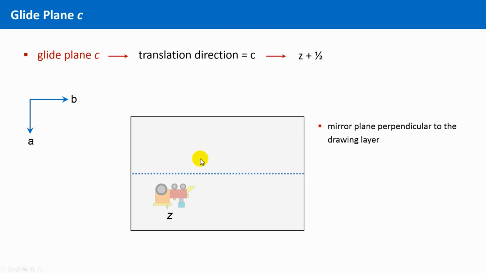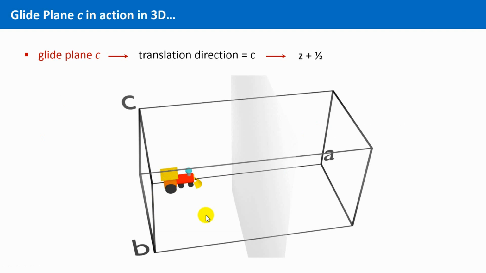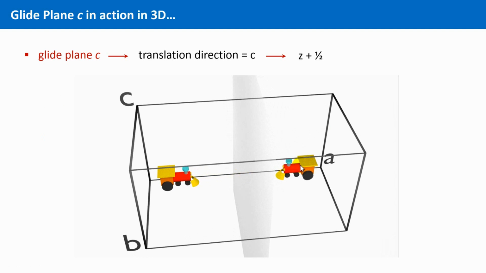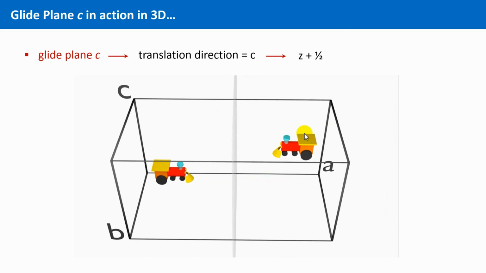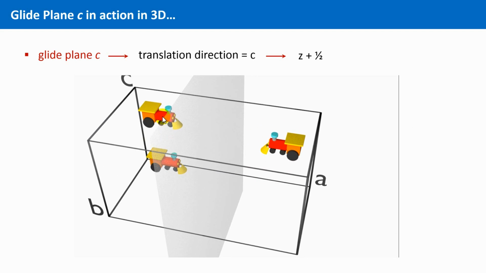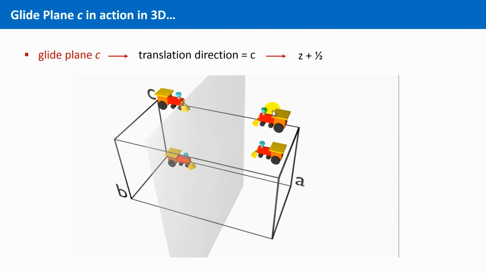Okay, first a reflection is carried out at this plane, and then we have to move the locomotive along the positive C direction, and this means it will land above the projection plane at a height z plus 1/2. And also for this glide plane C, Michael produced a small animation. Let's have a look. First, mirroring at the BC plane, then translation by 1/2 in the positive C direction, mirroring again, translation, and so on.